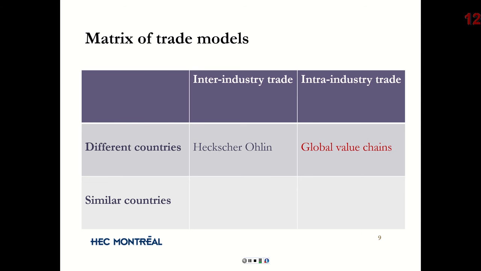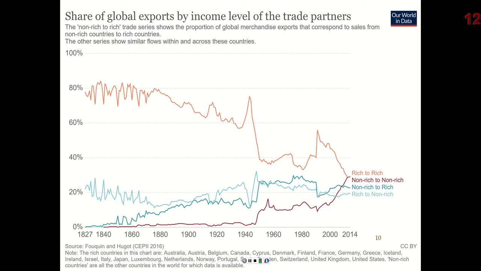And this is problematic because if you look at which countries really trade with each other, especially in the 19th century, but even all the way to 1950, what you're actually finding out is that more than 50% of trade at that time was between rich countries. Canada exports a lot with the United States.